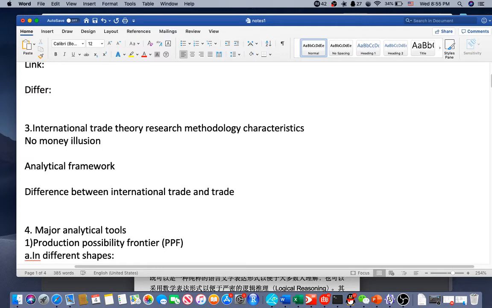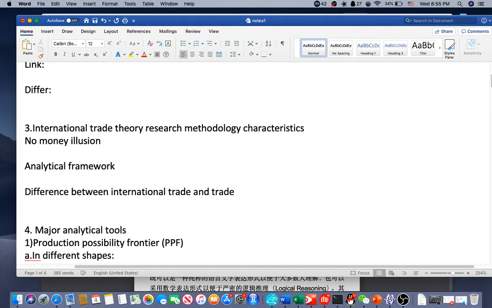The third is the difference between international trade and trade theory. We adopt general equilibrium analysis and empirical study.